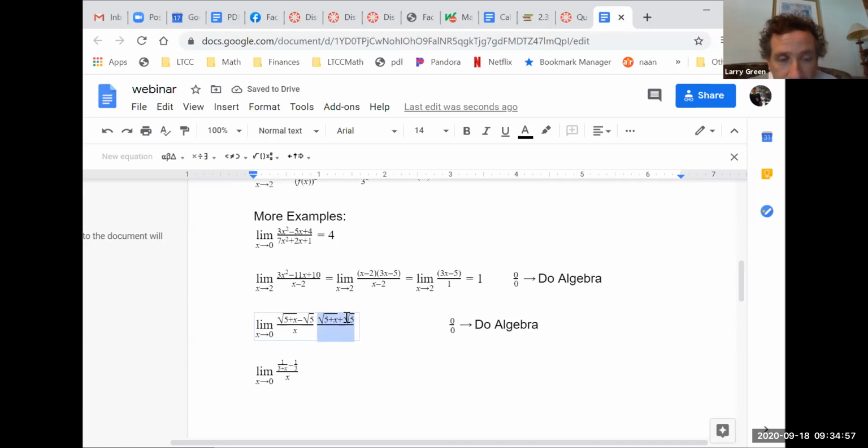And if I do it in the numerator, let me do it. No, it didn't work, so I'll type it out. Then I've got to do it in the denominator also.